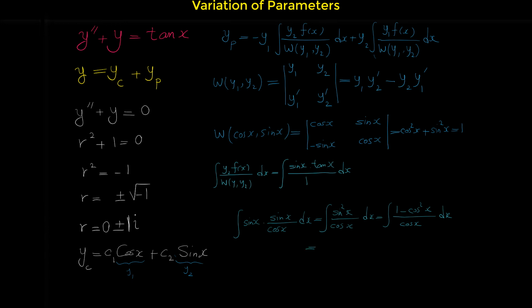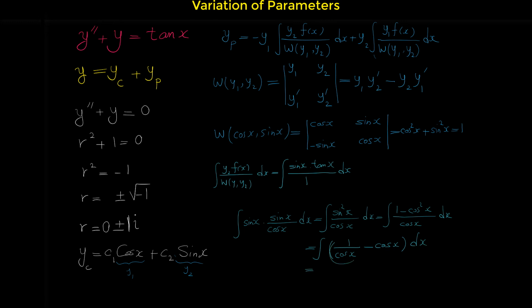Now, if we separate the terms in the numerator by the denominator, this integral is 1 over cosine x minus cosine squared over cosine, which if we cancel one cosine from the top with one cosine from the bottom, equals cosine x dx.